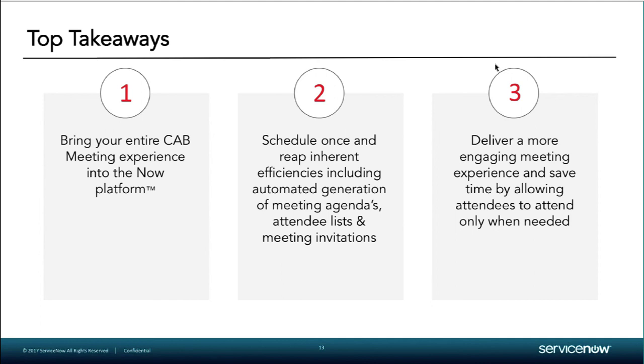Can CAB Workbench save the list of attendees in the CAB meeting? Yes, all that stuff is saved. Hopefully that answers your question, but none of that information goes away after the fact. Those CAB meeting records, and all related records to that CAB meeting, are retained and are there for audit or historical purposes.